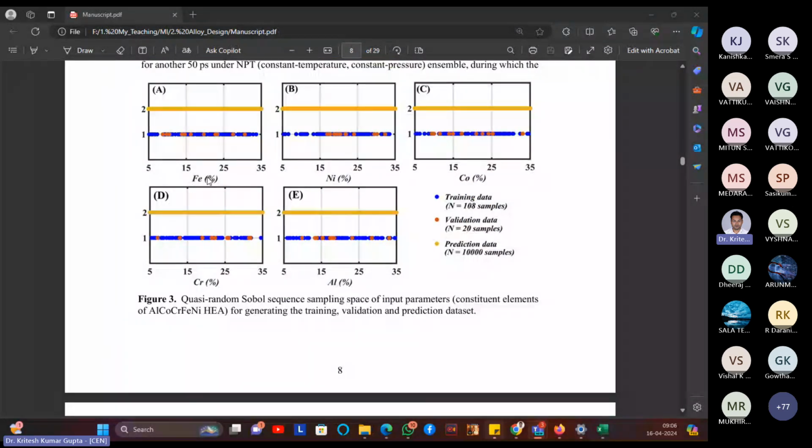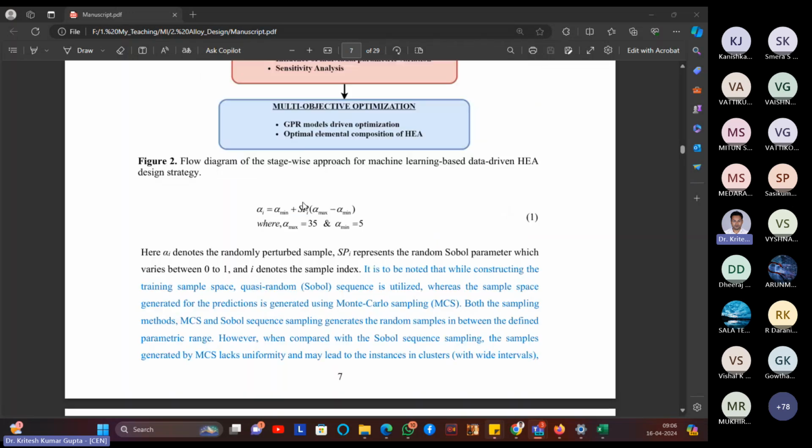Each individual elemental concentration we are seeing over here varies between 5 and 35%. So we have two constraints. Number one, the elemental constraint, that each individual element concentration must be within 5 to 35. Another is the summation constraint, that all the concentrations must sum up to 100. Okay, so these we are going to utilize. How we are going to utilize them, we will see.